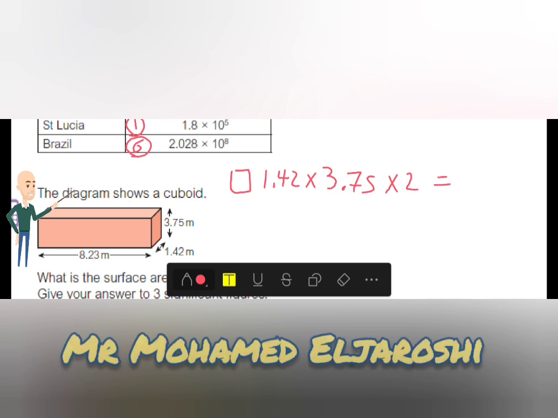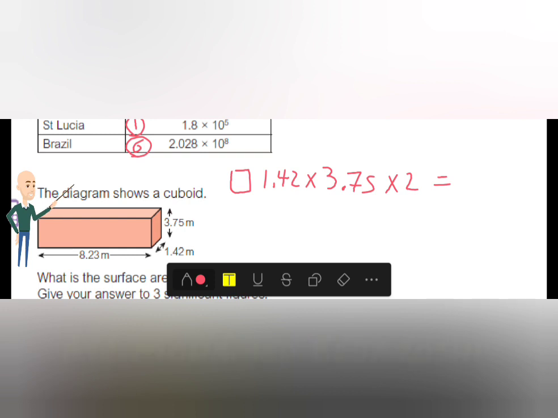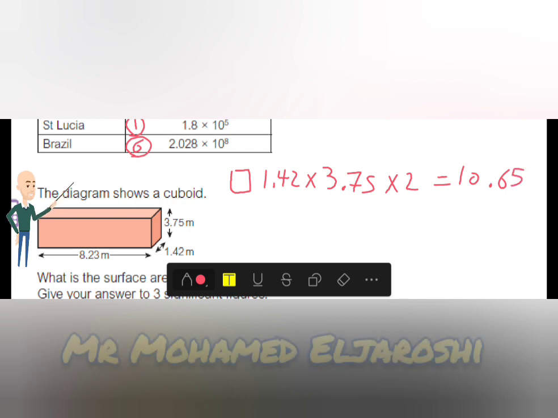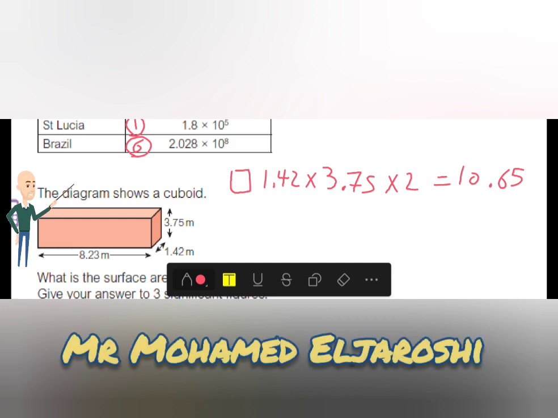Okay, so let's do it now. 1.42 times 3.75 then times 2 equals 10.65. Yes, 10.65 meters squared, of course, because it's an area, it's meters squared. Good. And then this is the two squares.